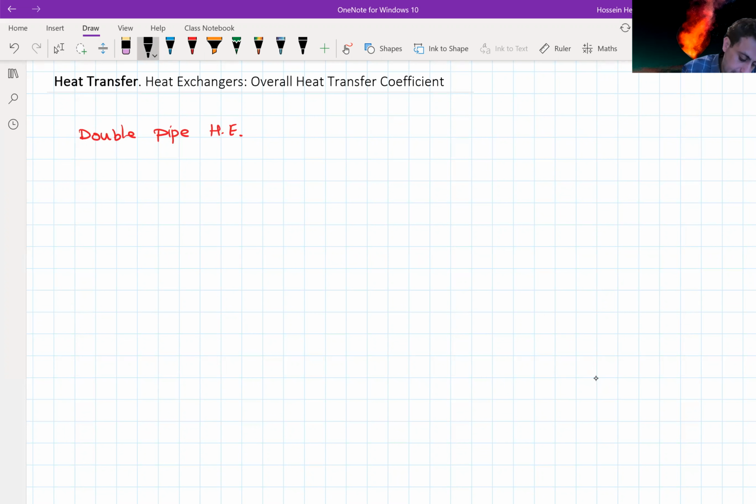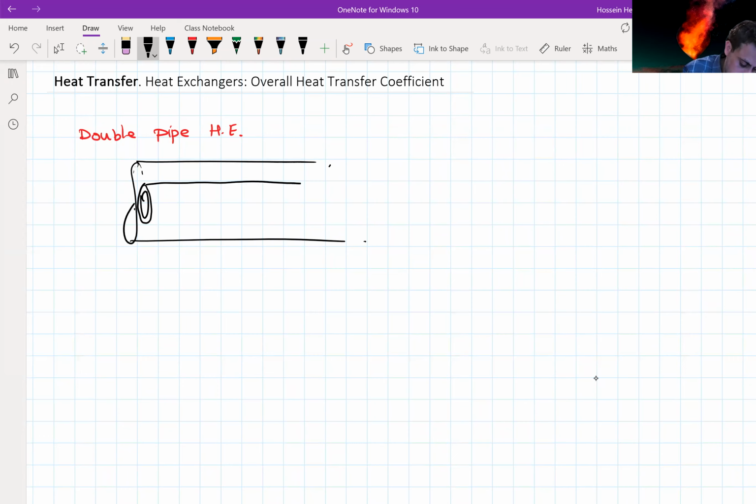what we have is, let's say, an external pipe, and then internally we have another one.